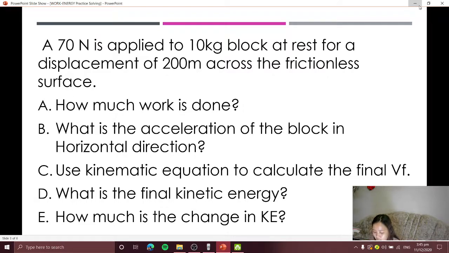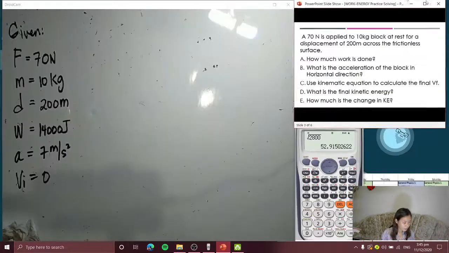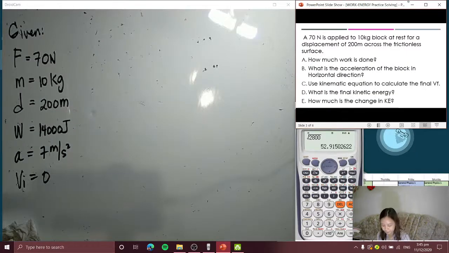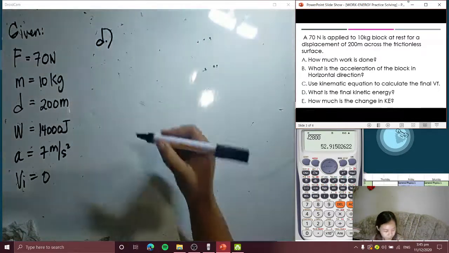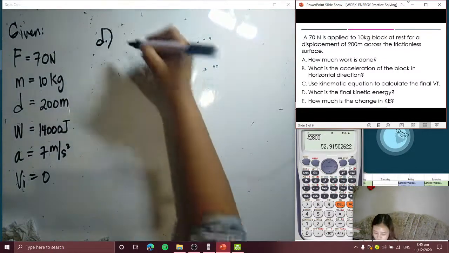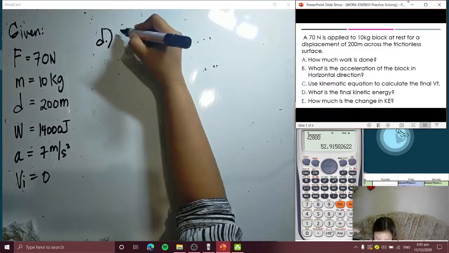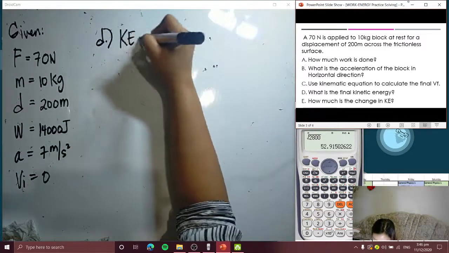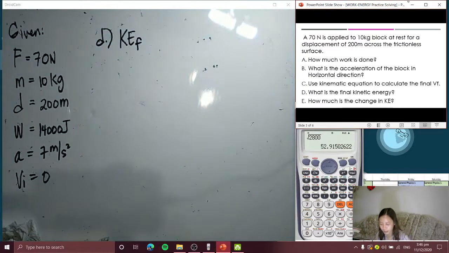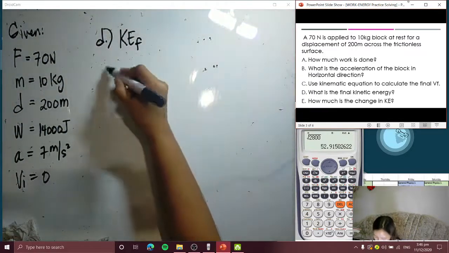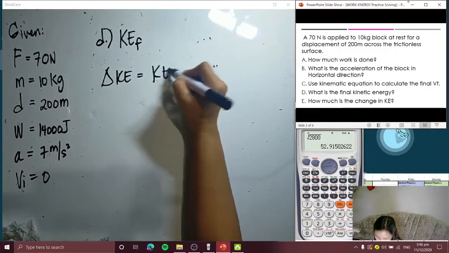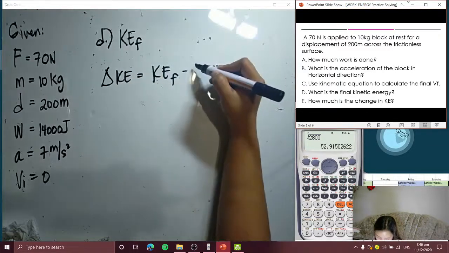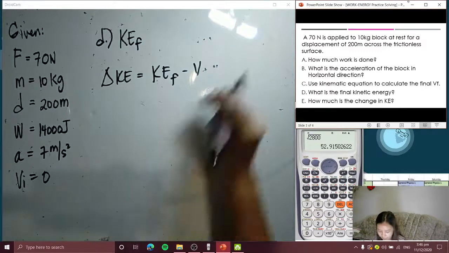So, that is what we will use. Let us solve for letter D. We're going to solve for the KE final. So, how do we find it? Change in KE is equal to KE final minus KE initial.